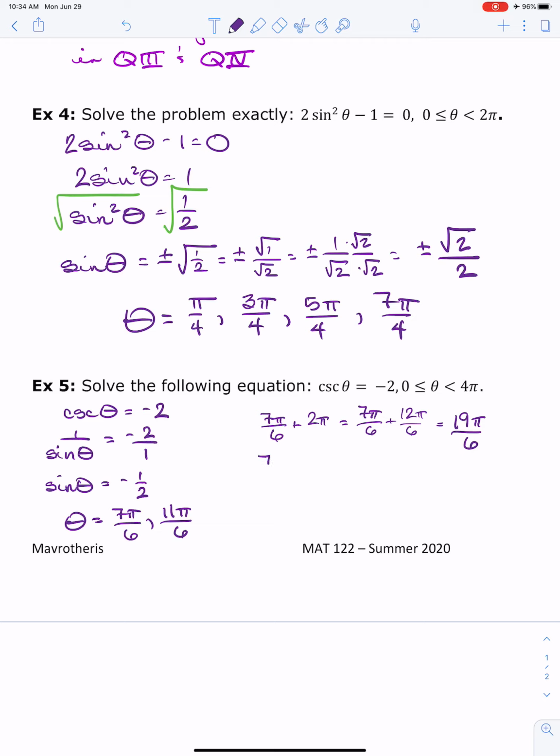And I've got, what's my other one? 11 pi over 6 plus 2 pi. 11 pi over 6 plus 12 pi over 6 gives me 23 pi over 6. So I actually have four values here. I'm going to add these other two on. I got 19 pi over 6 and 23 pi over 6. So there are four solutions between 0 and 4 pi.